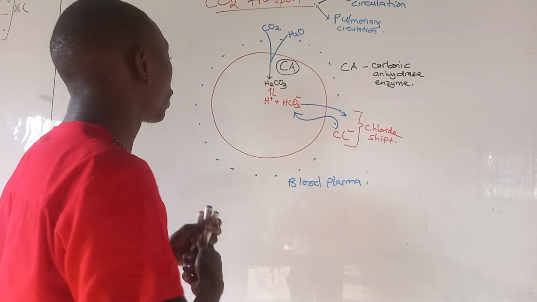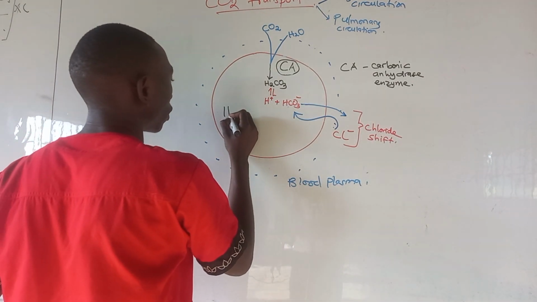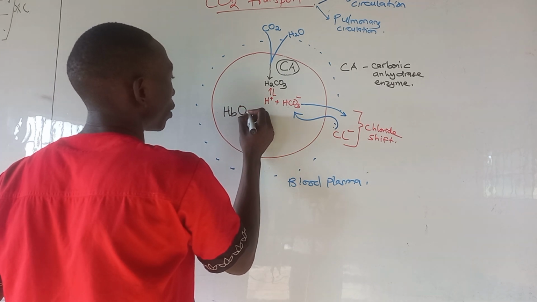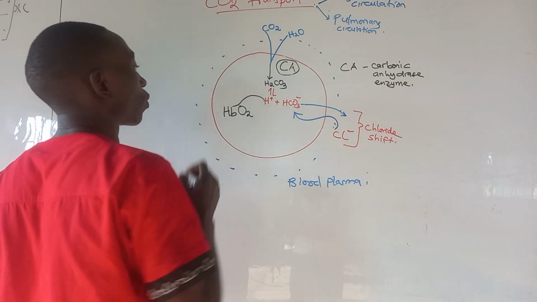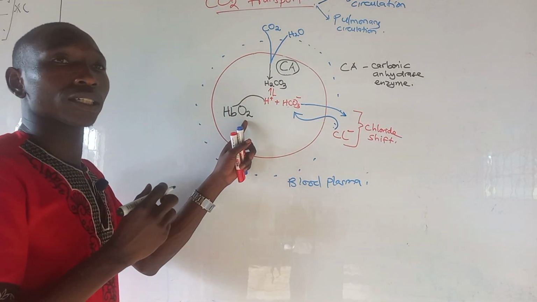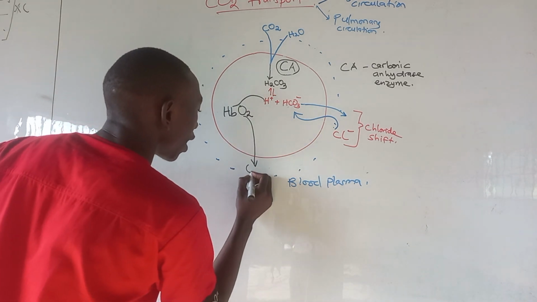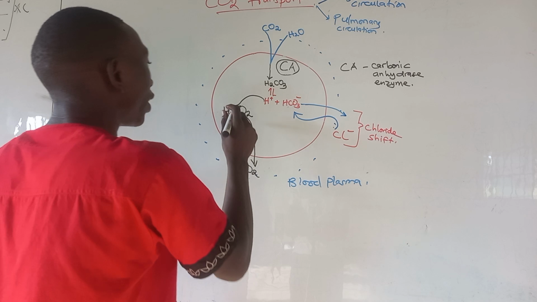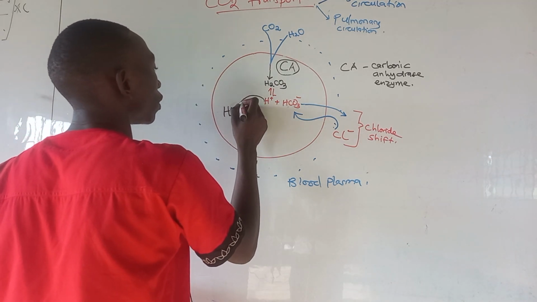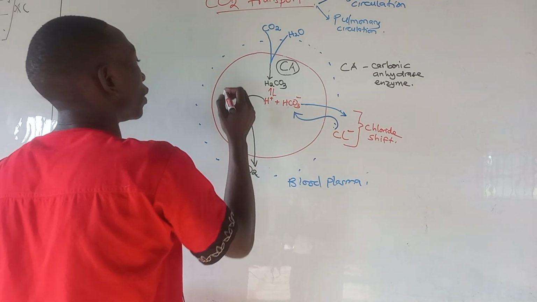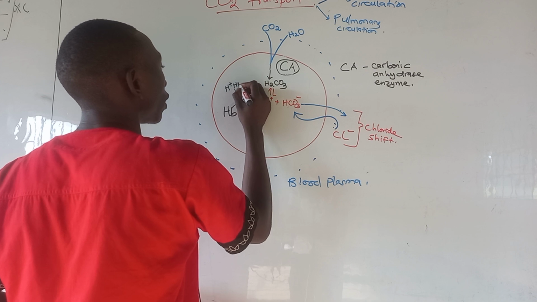So they go and react with the hemoglobin, after displacing oxygen. This oxygen is being displaced to enter the blood plasma. When they react with this hemoglobin, they form what we call the reduced hemoglobin.